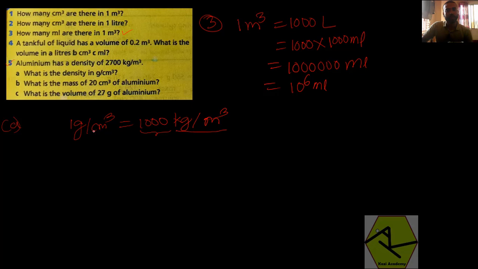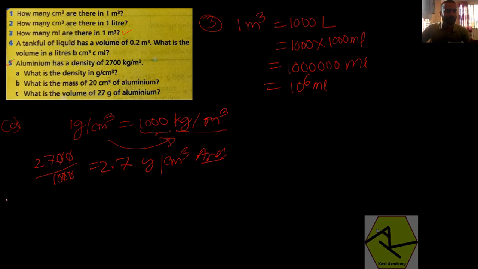If you want to know gram per cubic centimeter in kilogram per cubic meter, then multiply with 1000. That is the relationship. So here I am going to find gram per cubic centimeter, so we just divide 2700 by 1000. So 2.7 gram per cubic centimeter will be the answer for this first question.